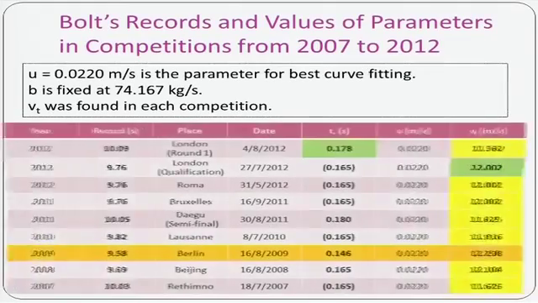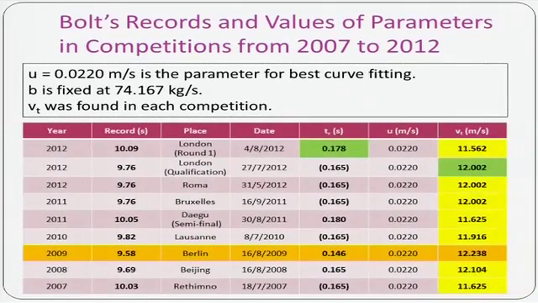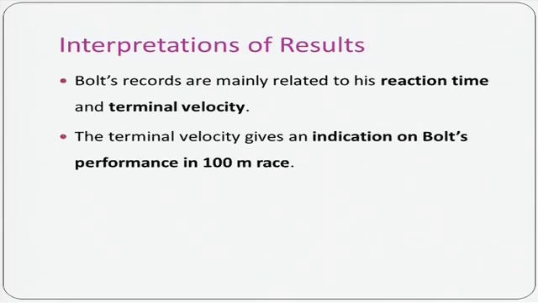So we are confident to use our data in other competitions from 2007 to 2012. For fair comparison, we fixed the values of u and b, and then Vt was found in each competition. With the above results, we can have the following interpretation.